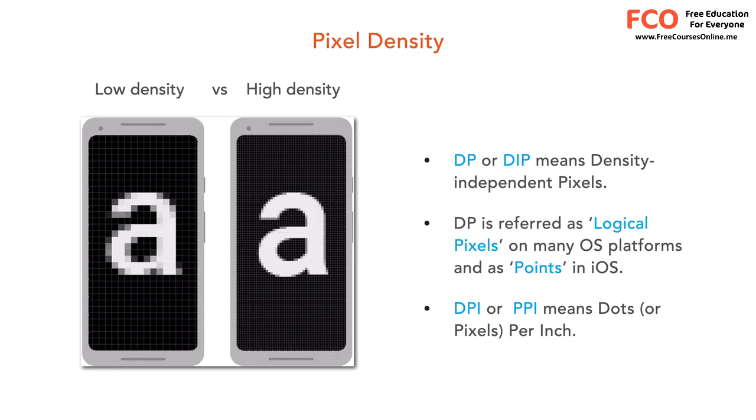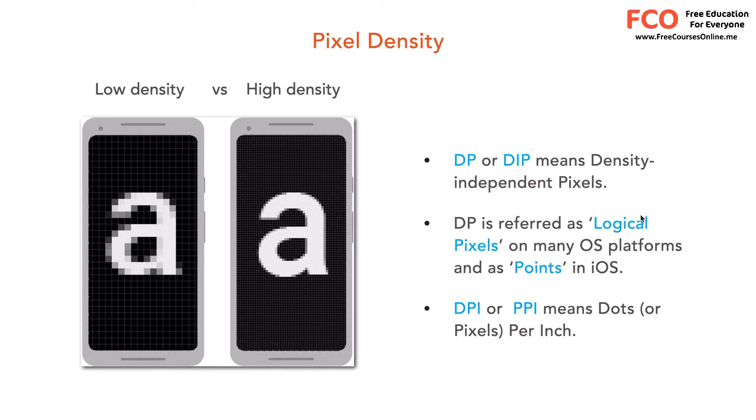So what is pixel density? Pixel density means the number of pixels tightly packed in a space. So typically we use notation like DP or DIP, which simply means density independent pixels. DP is a unit that is also called by different names on different platforms.